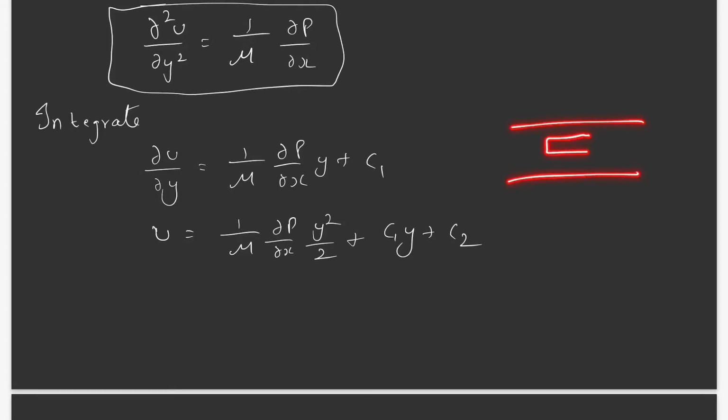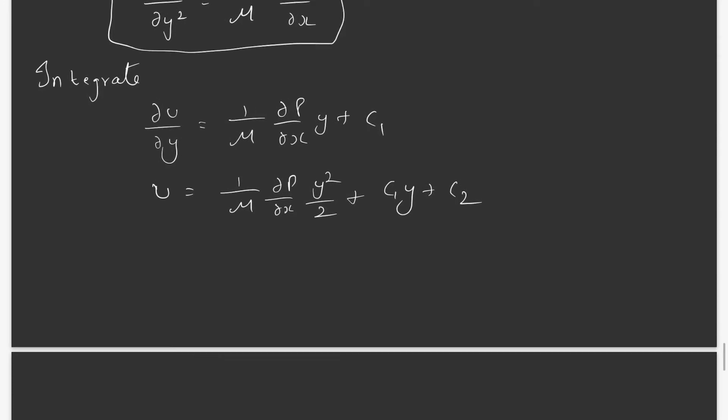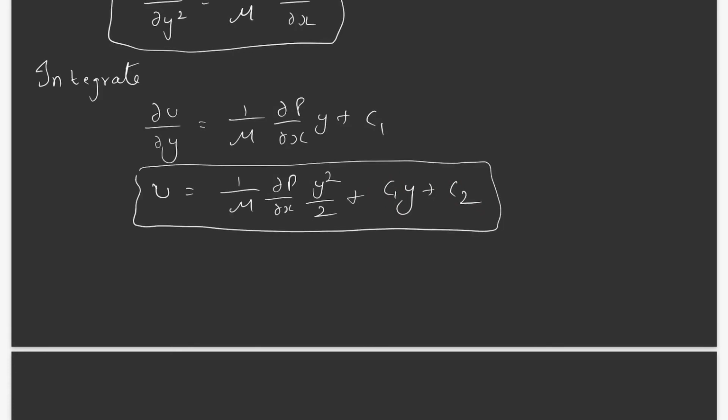As the distance from either wall increases, velocity increases, because at the walls velocity will be 0. Now we got a raw equation sort of thing here. Now to get these values C1 and C2, we have to apply boundary conditions. The same way we applied over there, we will be applying boundary conditions over here also.